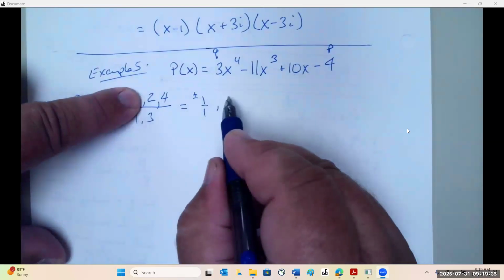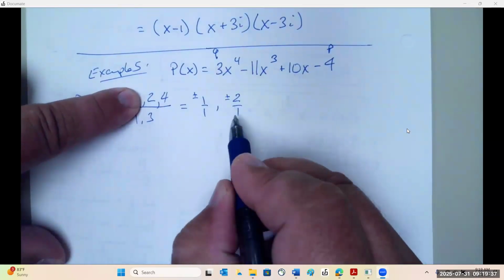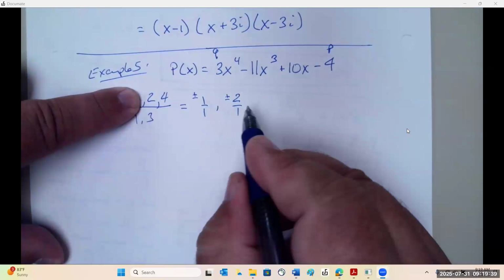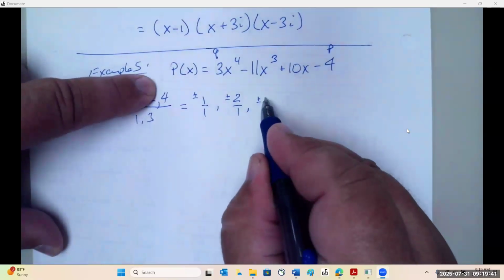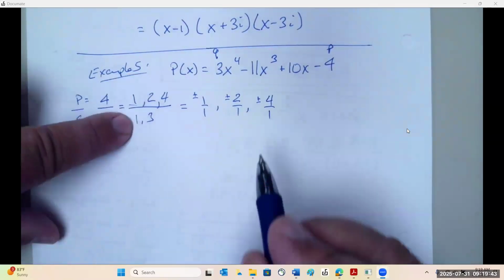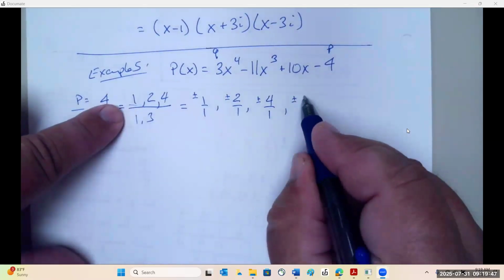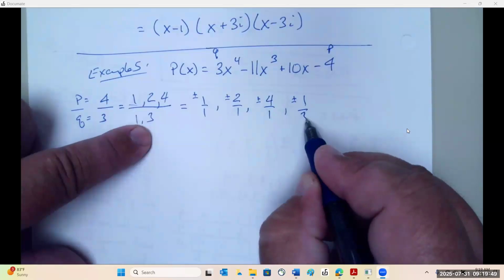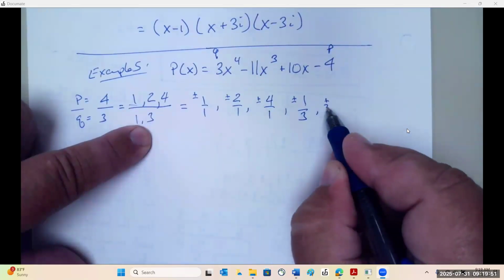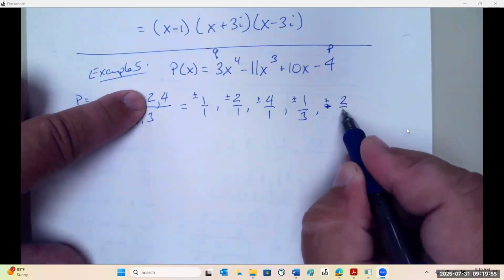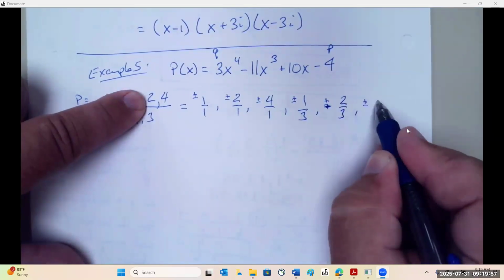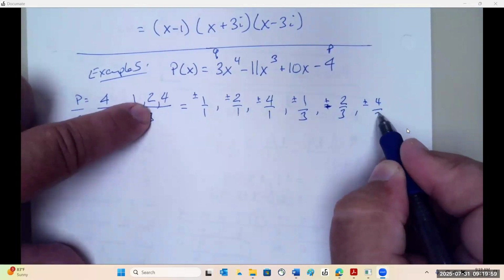We have plus or minus 2 over 1. Then we have plus or minus 4 over 1. Then we have plus or minus 1 over 3. Plus or minus 2 over 3. And then plus or minus 4 over 3.